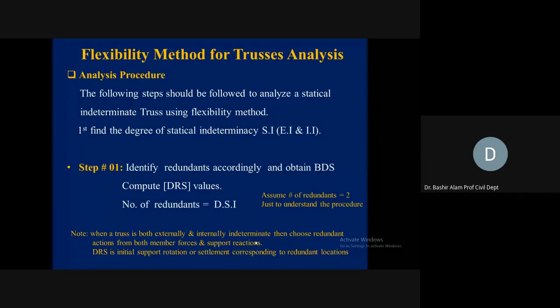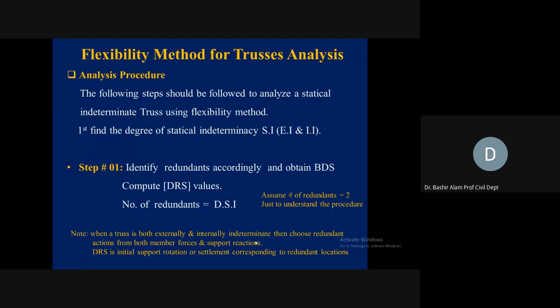Okay, now the analysis procedure. The analysis procedure is exactly the same as we did in case of the frames. The following steps should be followed to analyze a statically indeterminate truss using the flexibility method. First, find the degree of statical indeterminacy, so external indeterminacy and internal indeterminacy you find out.